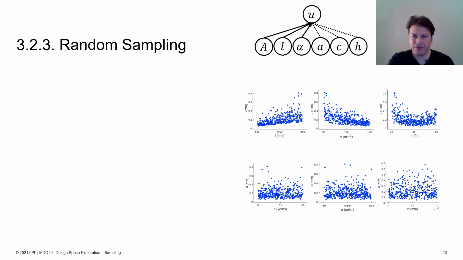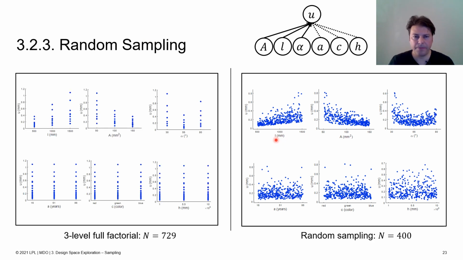Now let's look at the scatter plots of a sample that was created using random sampling and compare it to the scatter plots that were created using full factorial design. And again, you see these large gaps in the full factorial design, whereas here on the right-hand side, you have all these design points in between.